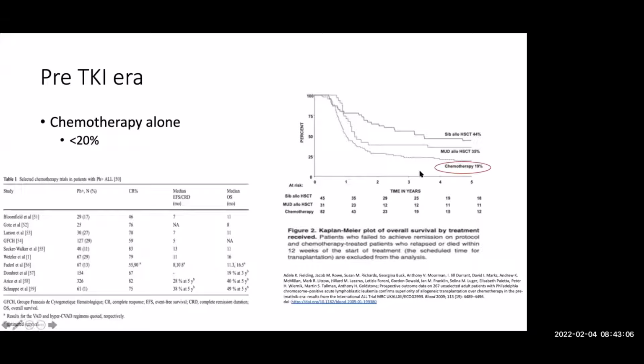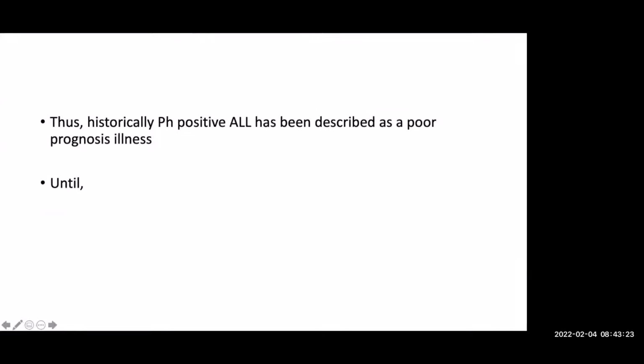We see that with chemotherapy, the survival at 5 years was less than 20%. And these are all the trials in the pre-TKI era, which is showing the OS, which is in months, and less than 20 percent. So this was the whole reason why Ph positive ALL was considered a poor prognosis disease.